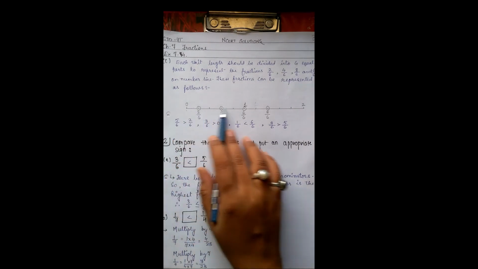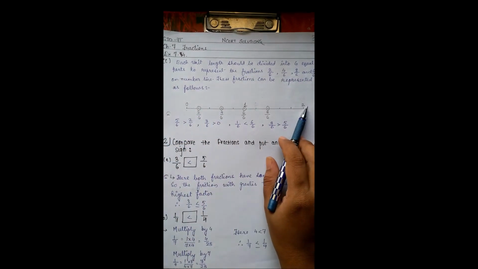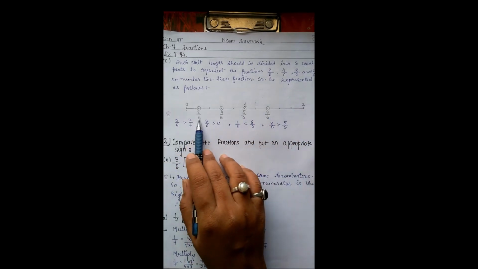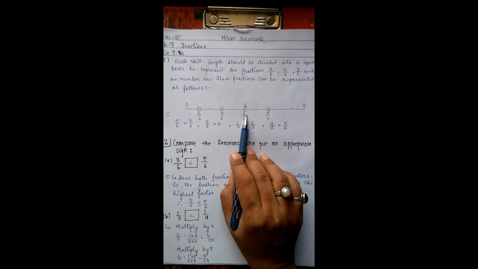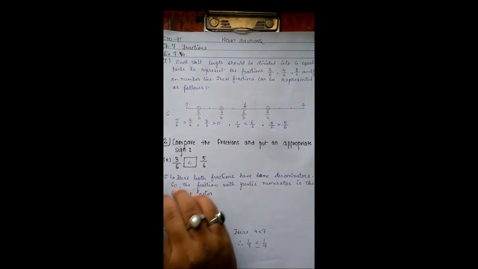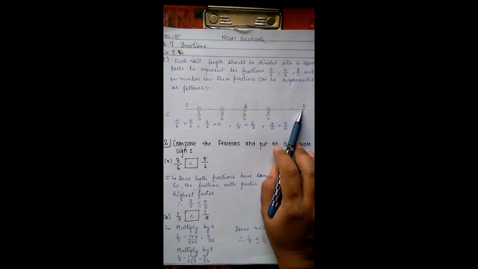Okay, so we have drawn a number line from 0 to 2. So 2 by 6, 4 by 6, 6 by 6 means it is 1, and 8 by 6. We have divided each unit by 6.